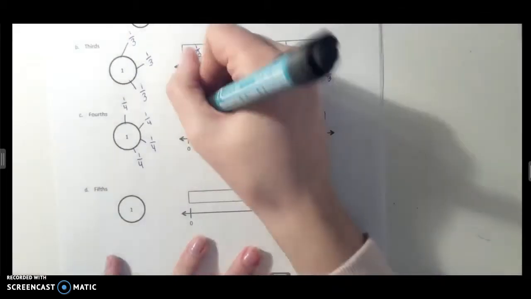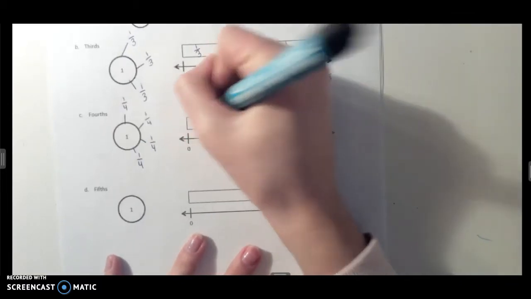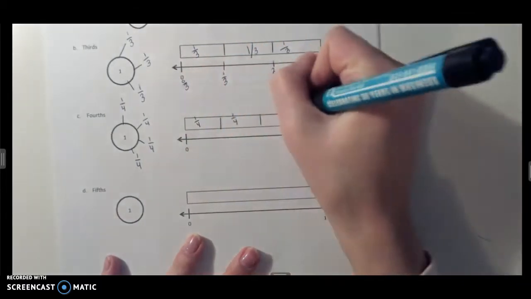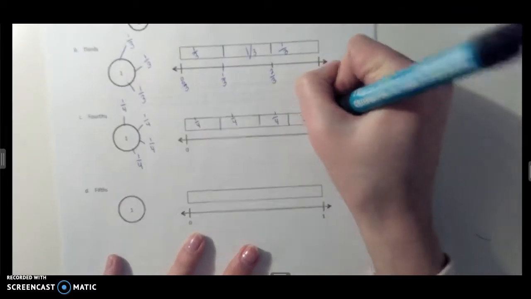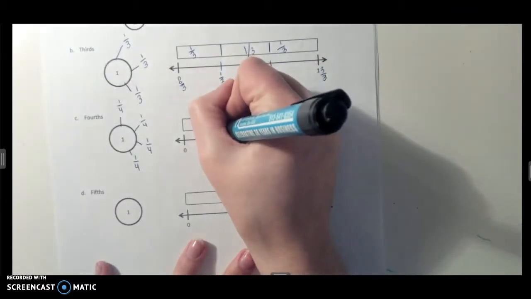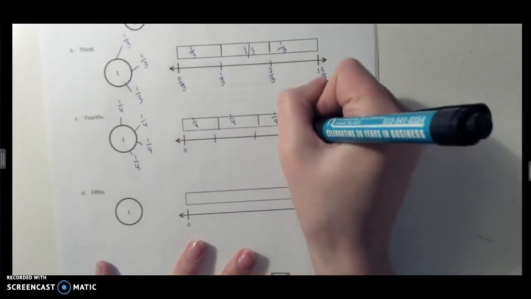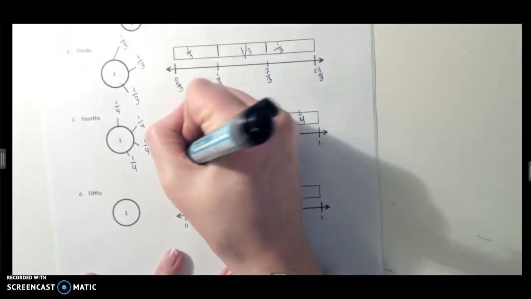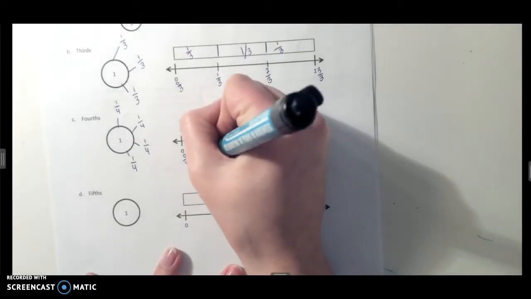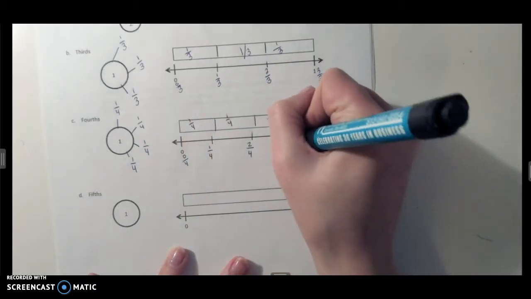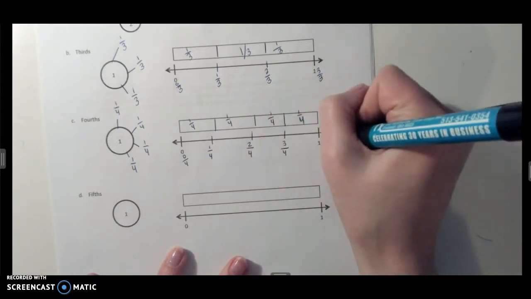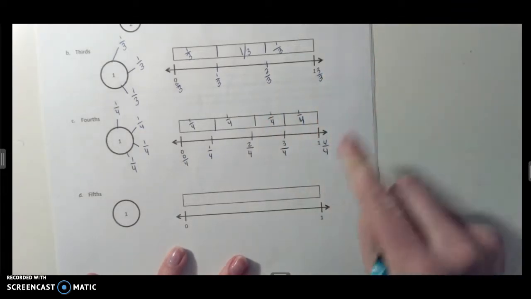It's as equal as you can get it, not so equal, but we will pretend. Label our fourths, and now we'll go ahead and label our number line. We have 0/4, 1/4, 2/4, 3/4, and 4/4, which also equals 1.